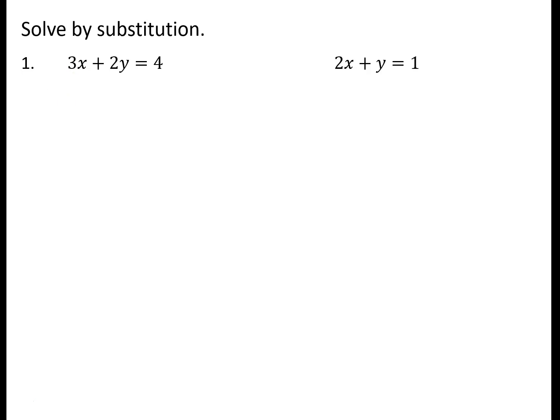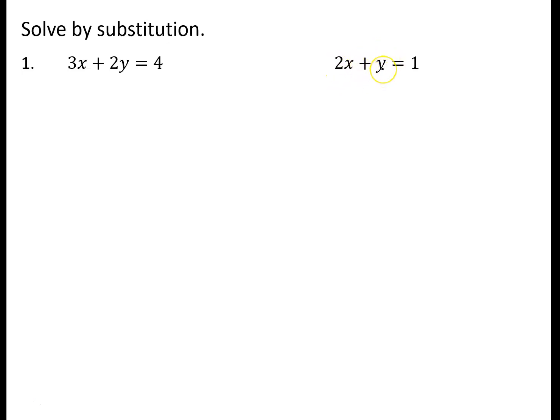Okay, so step 1 said, isolate one variable in one equation. The best choice is the variable that has a coefficient of 1. So let's look at all our coefficients. On the first equation, we've got 3 and 2. On the second equation, we've got 2 and 1.